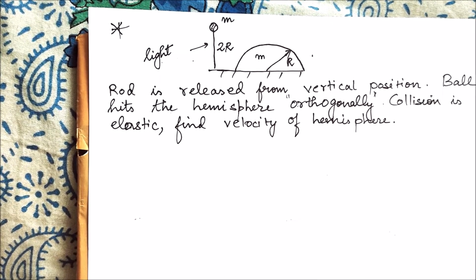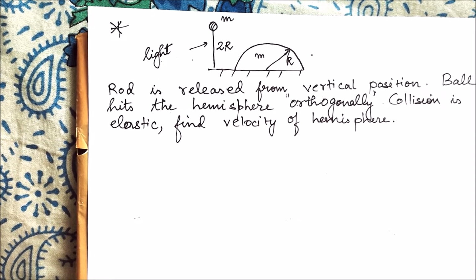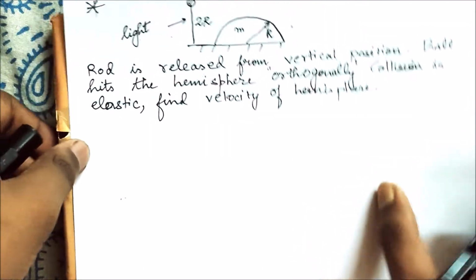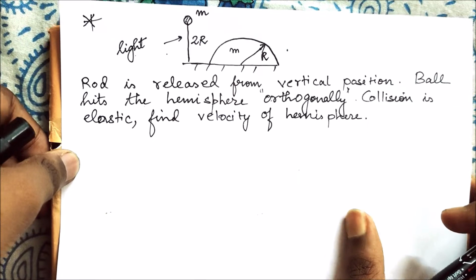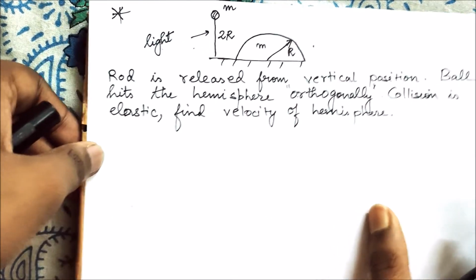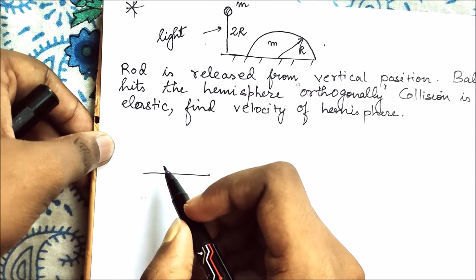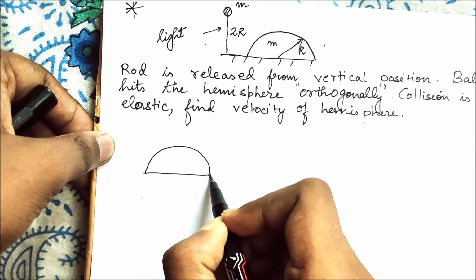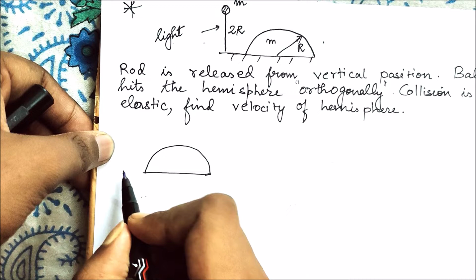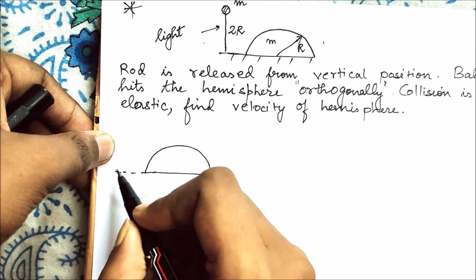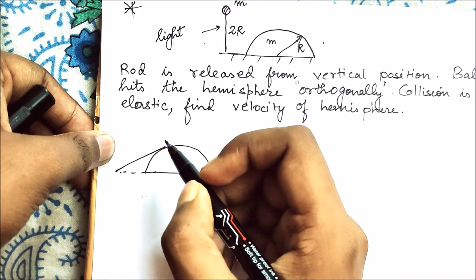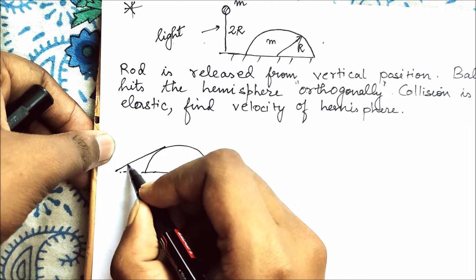In collision problems, first we are required to draw the situations before and after the collision. So before the collision, let's draw the situation. This would be theta.